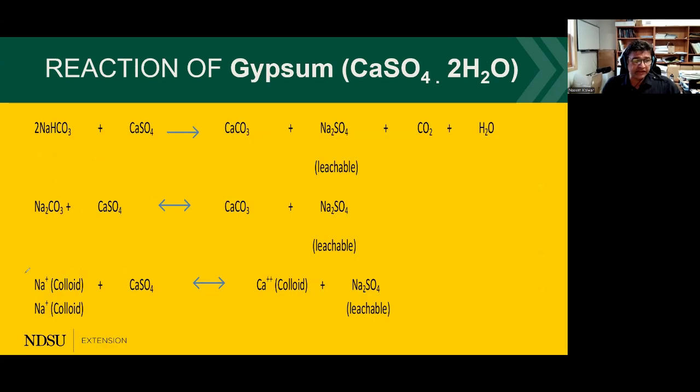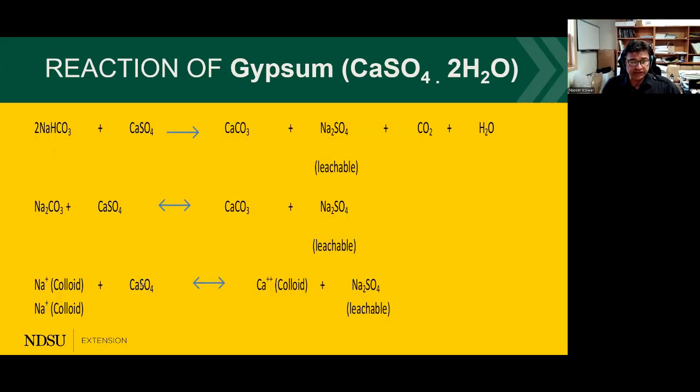Here's the chemical reaction we are looking for. Look at the bottom of the slide. Sodium is attracted to the negative charge of soil particles, which are mentioned here as colloids, plus calcium sulfate. There should be here 2H2O. That means calcium sulfate with 2 molecules of water is agriculture grade gypsum. This just calcium sulfate is plaster of Paris.